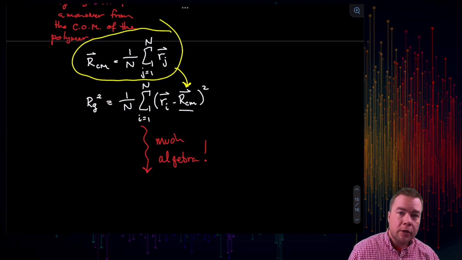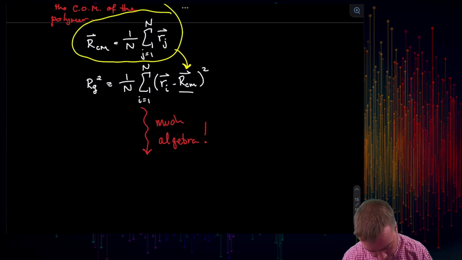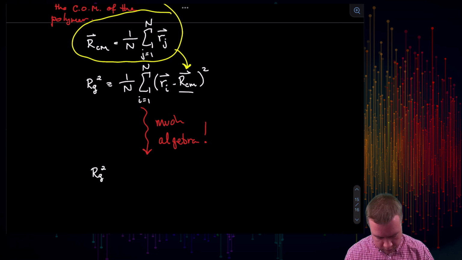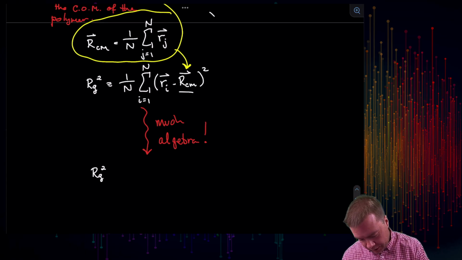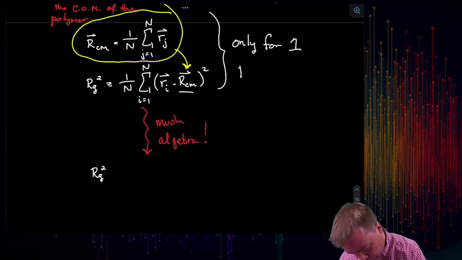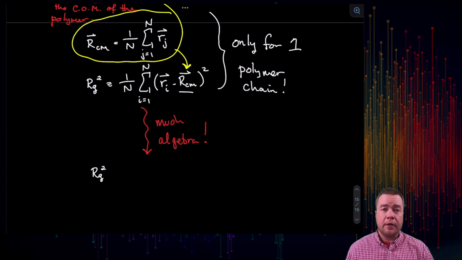So in this case, we can write it one of two ways. One way is RG squared, and I should say that the way I've written the expressions up here, this is only for a single polymer chain. If you've done the HoloLens exercise already, or if you're about to, you'll see that this changes quite a bit.